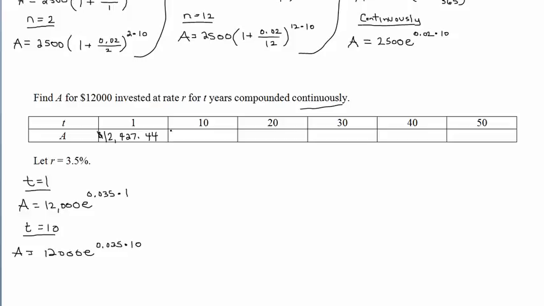Go to your calculator, do the computations. I'd say that's pretty good. If you can stand to give up $12,000 for 10 years, you'll make $5,000.